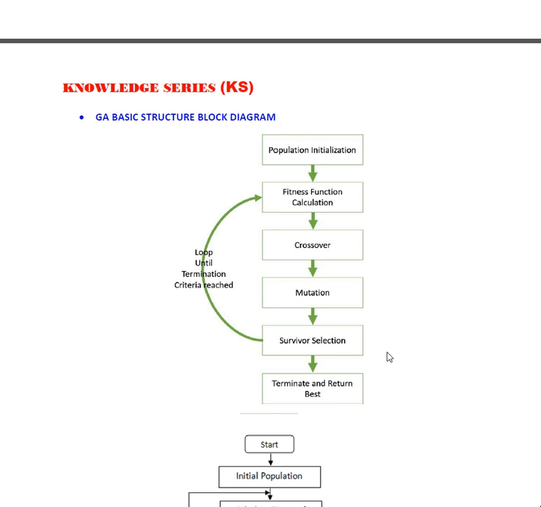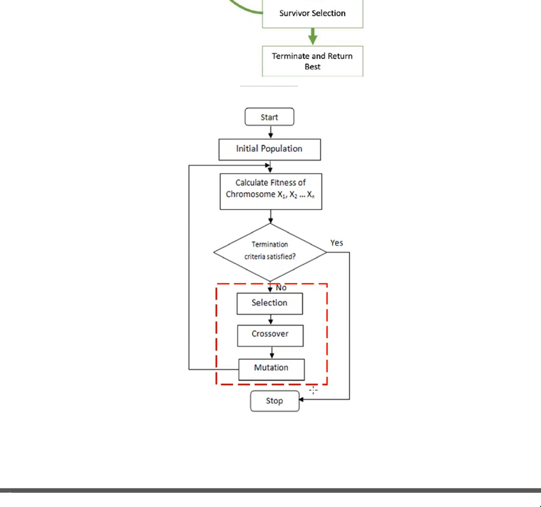These 3 stages are for creating a new population: crossover, mutation and survivor selection. Once these 3 stages are completed, the new population comes back, its fitness function is again carried out, then again a new population is created, and it goes on like that. We continue, and this process will go on until we reach the objective of our problem, and thereby we terminate. This is what is being shown here.